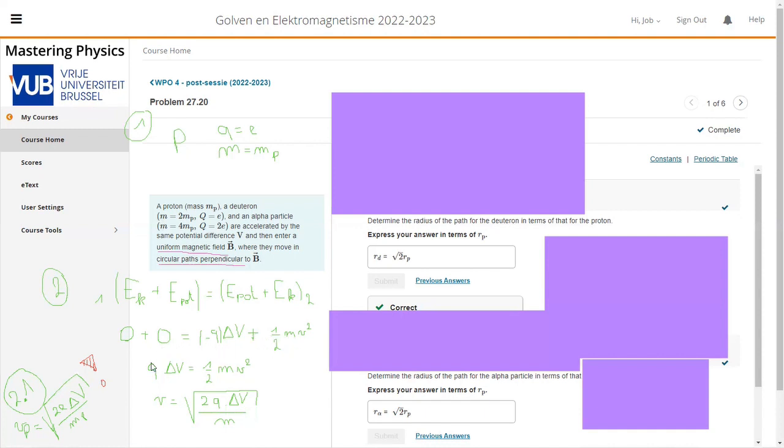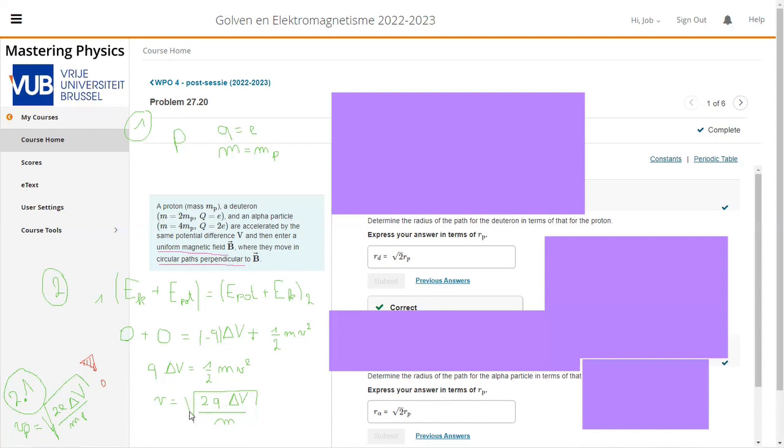Then I said minus Q times the potential difference, because that's the general formula in a potential difference. I put this on the other side and make them equal to each other. Then I find V, the velocity.